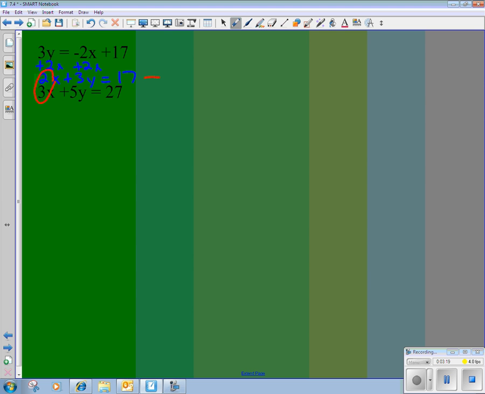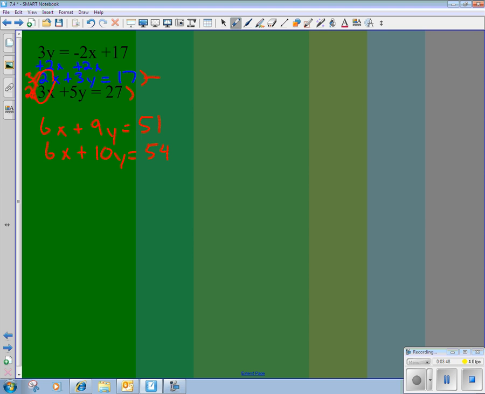In this case, I'm going to go for 6. So I multiply this whole first one by 3, and I would get 6x plus 9y equals 51. The second one I would multiply by 2, because that gives us 6 again. So 6x plus 10y equals 54.